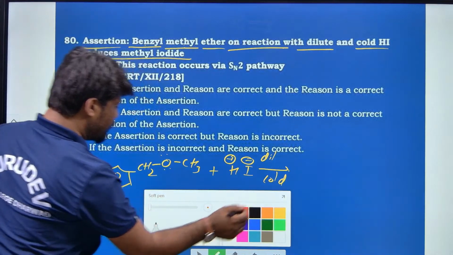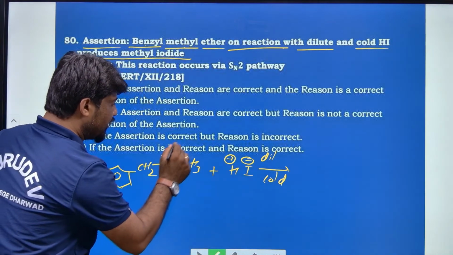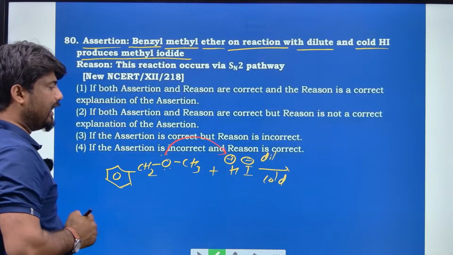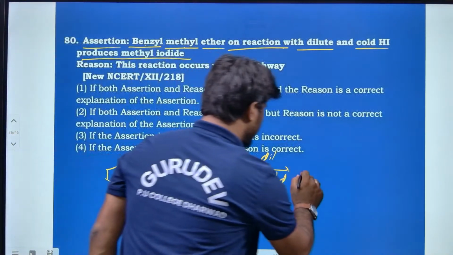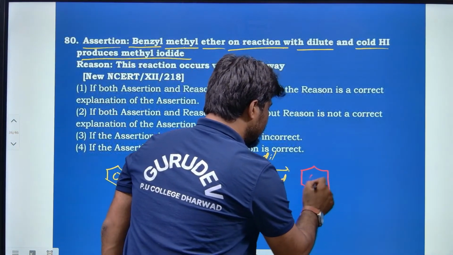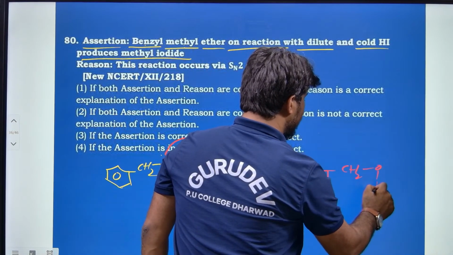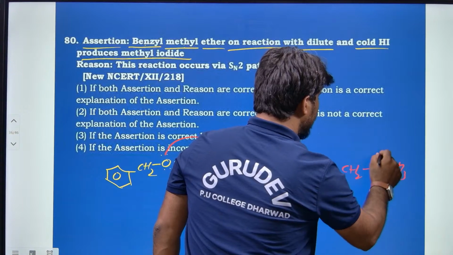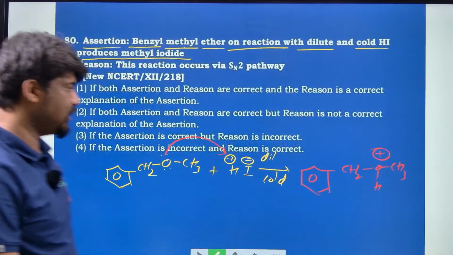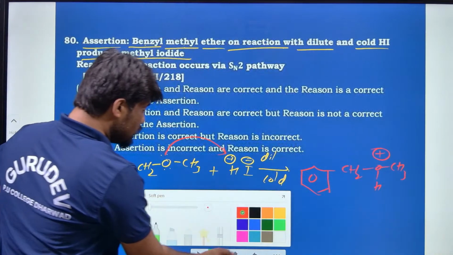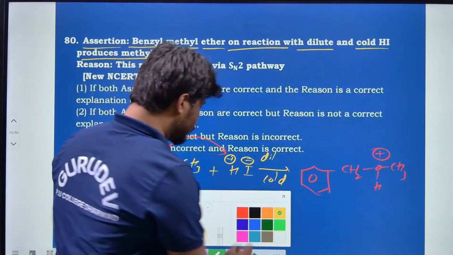Okay, here what happens? This lone pair of electrons donates electron to the hydrogen here, resulting in the formation of an intermediate like this. Oxygen makes a bond with the hydrogen, and oxygen carries the positive charge here. So now what happens here?